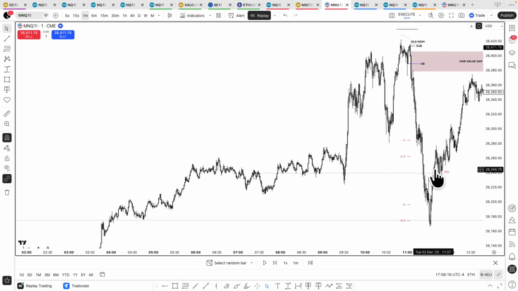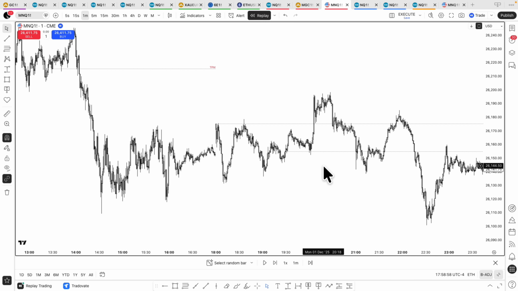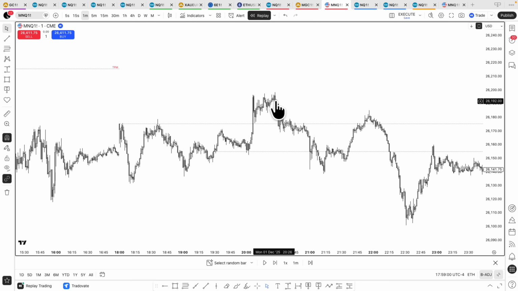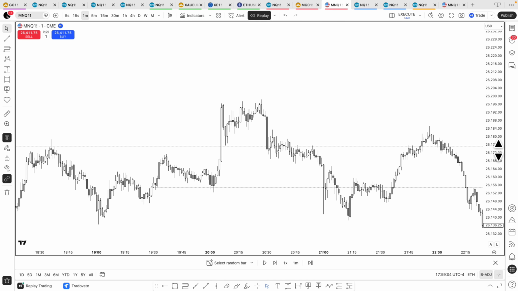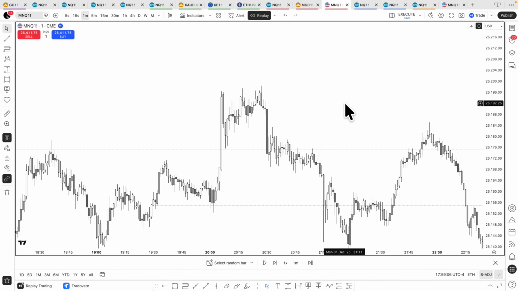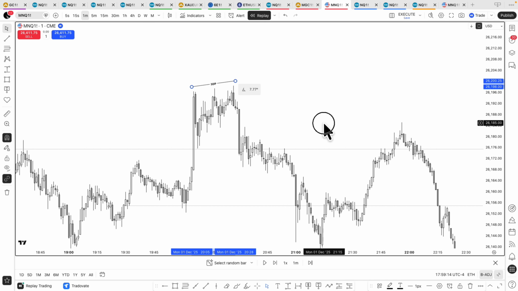But let's try and look for another. Okay, I have just spotted a point of inception right here. This is during Asia session, and here we have an indecisive candle. Right here is a 3-drive pattern.